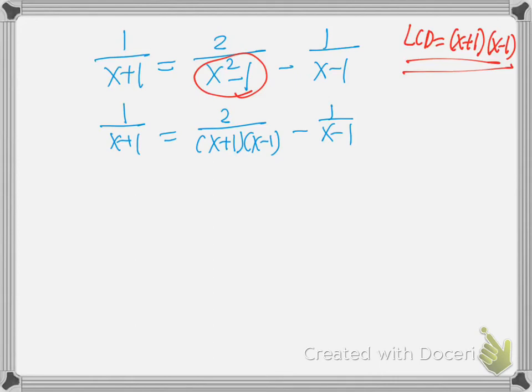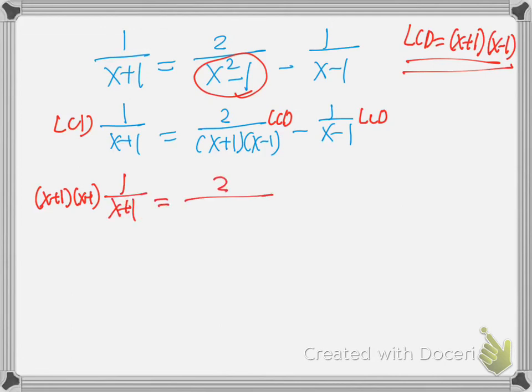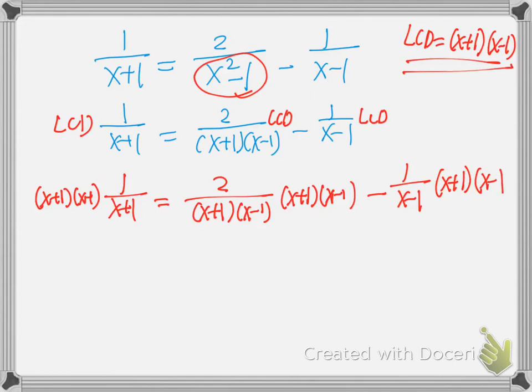LCD times this, LCD times that, LCD times the last term. Let's write it down. (x plus 1)(x minus 1) times 1 over x plus 1, equals 2 over (x plus 1)(x minus 1) times (x plus 1)(x minus 1), minus 1 over x minus 1 times this product, the LCD.